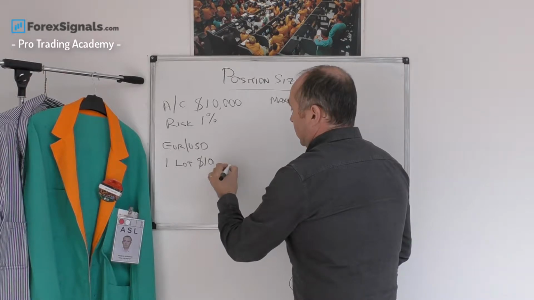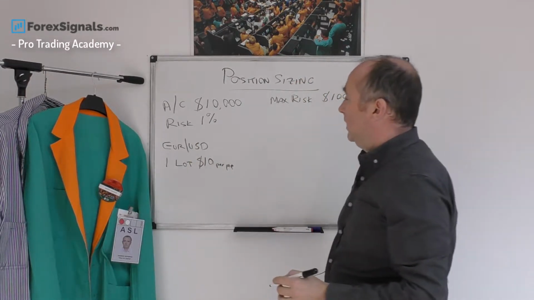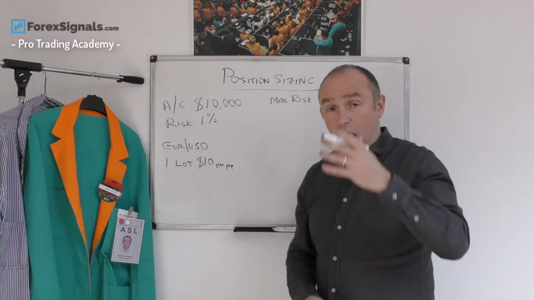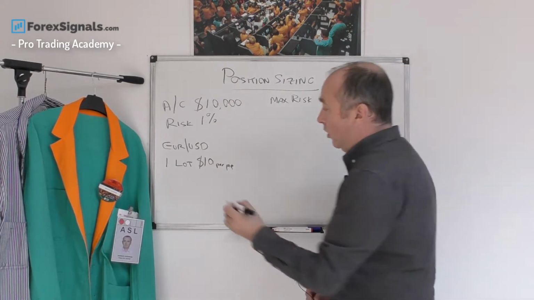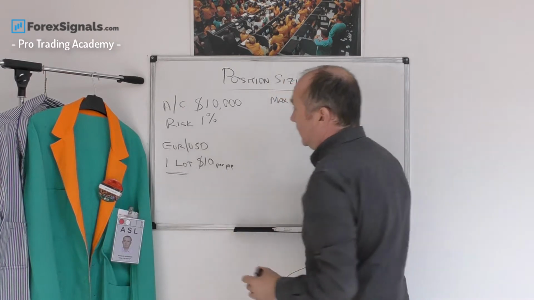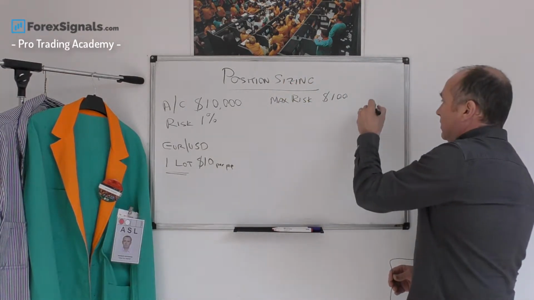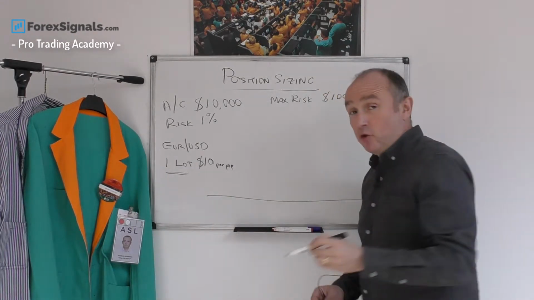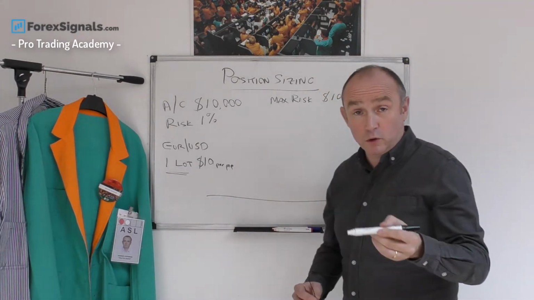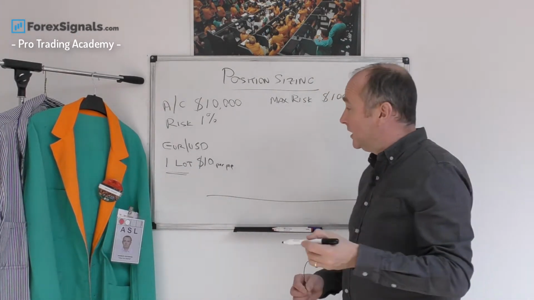So every time the euro dollar is moving up or down, it's $10 per pip if you're trading one standard lot. Okay, so now let's go to a price chart. Let's assume we have a trading strategy, and a trading strategy basically is a series of rules of entry, rules of exit, and so forth.